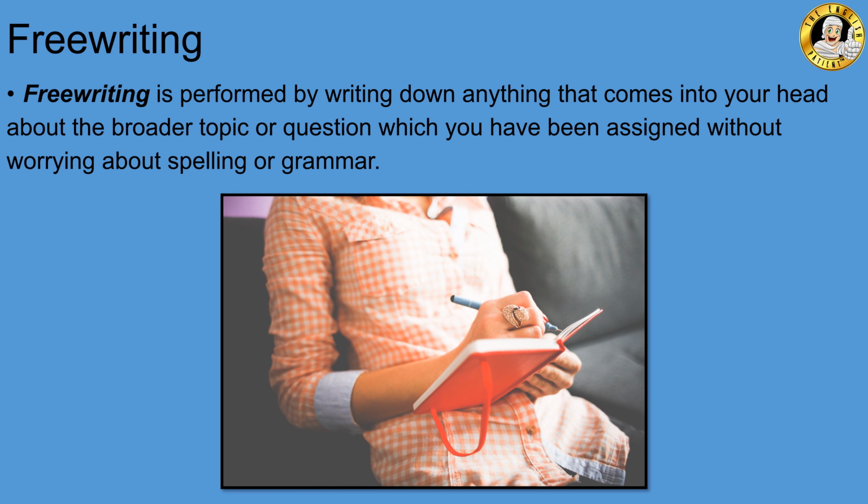Free writing is performed by simply writing down anything which comes into your head about the broader topic or the question which you have been assigned, without worrying about the spelling or the grammar. You simply want the writing to flow straight from your mind onto the paper, and then after you've written down anything which comes into your head about that topic, you can then review and select appropriate ideas, appropriate topics from your free writing.